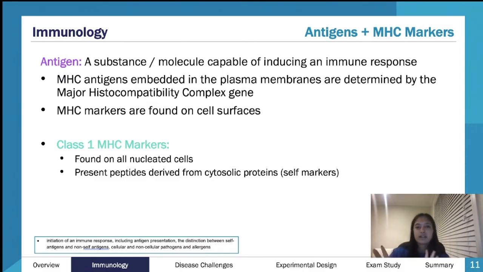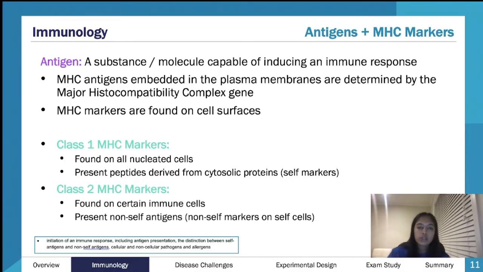If something is going a bit dodgy in there, the police can realize and sort it out. If you're making the proteins that you're meant to be making, MHC1 is basically a self-marker. It tells the immune cells, I am a cell from this body. I'm meant to be here. I'm not doing anything wrong.